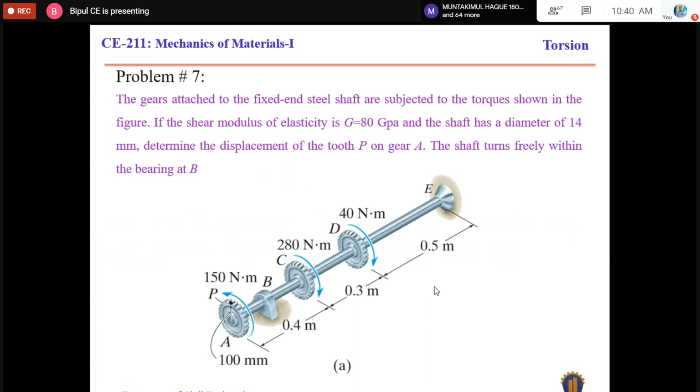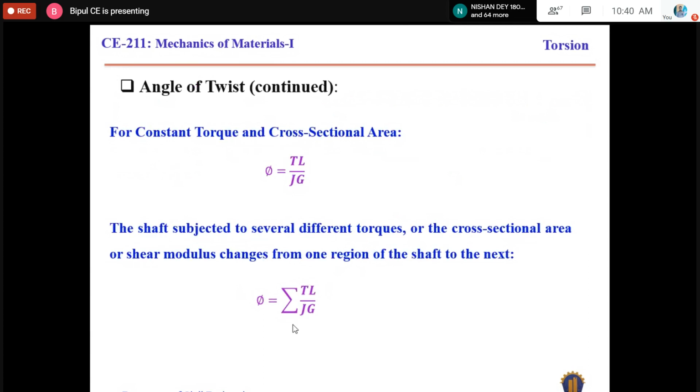From this figure, it is seen that this shaft is subjected to different torsional forces at different locations. So we have to use this equation.